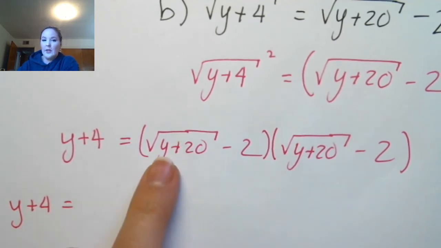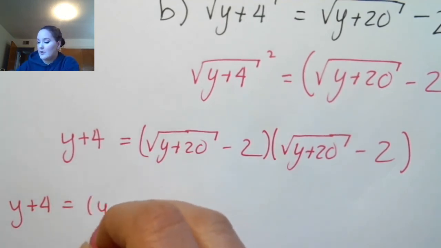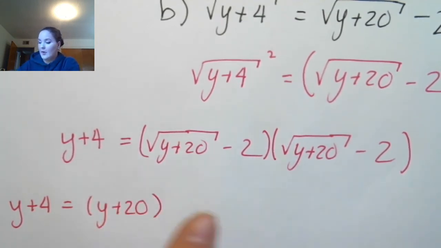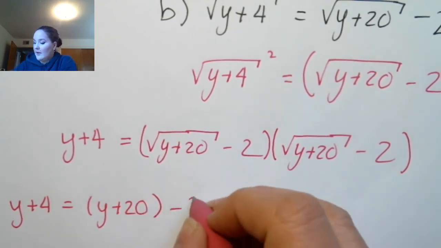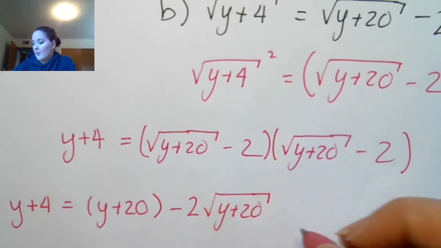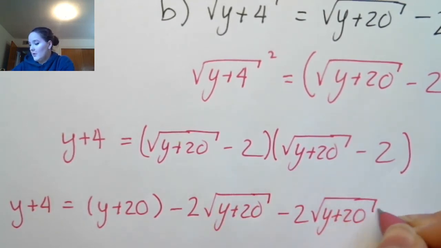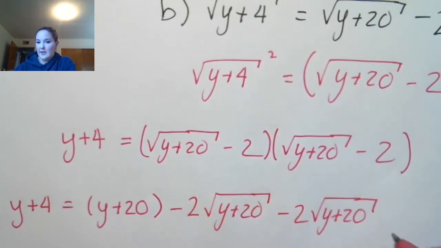Over here, root y plus 20 times root y plus 20 is root y plus 20 squared, which we know is y plus 20. Then here I'm going to get negative 2 root y plus 20. Here I will also get negative 2 root y plus 20. And then negative 2 times negative 2 is positive 4.